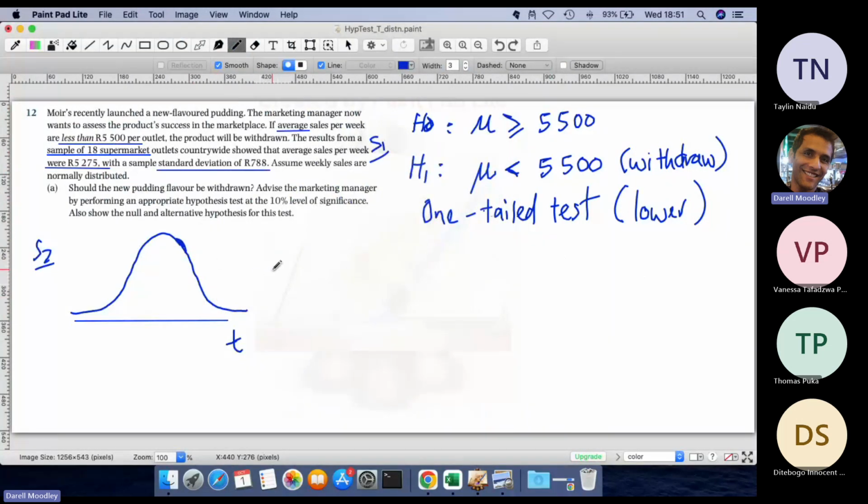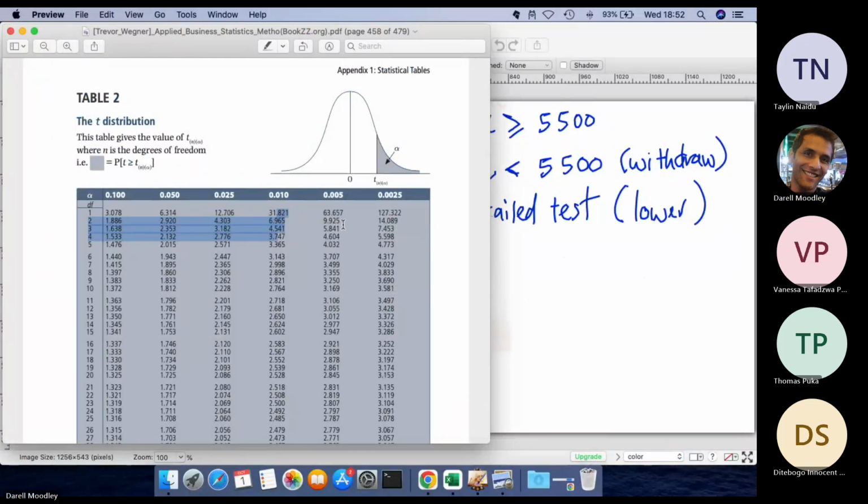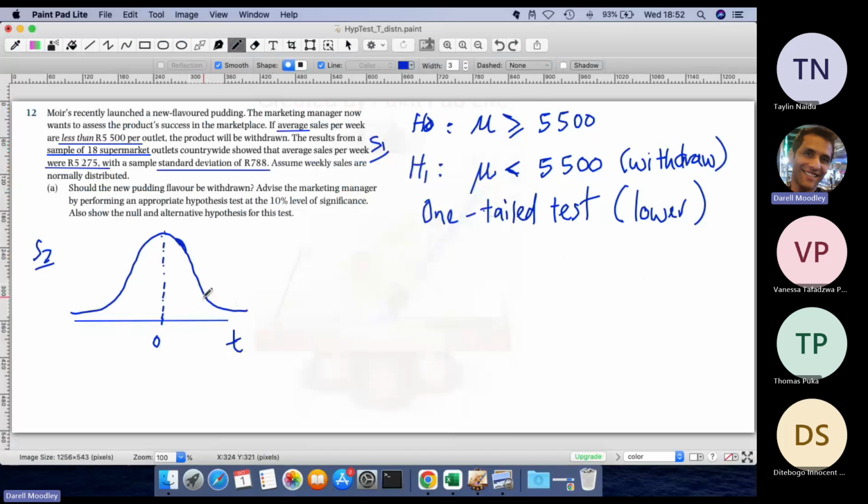I'm going to replicate what I saw in that diagram. Remember, this is also centered at 0. You don't believe me? I'll show you the curve again. You can see that 0 is the center. Now, there's a region on the right that's shaded.